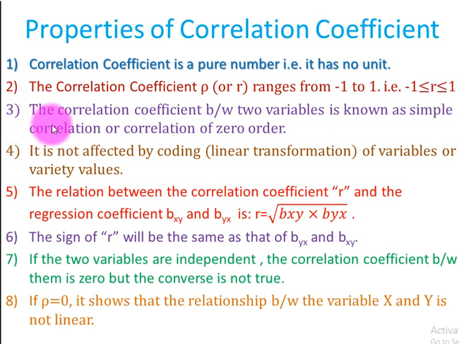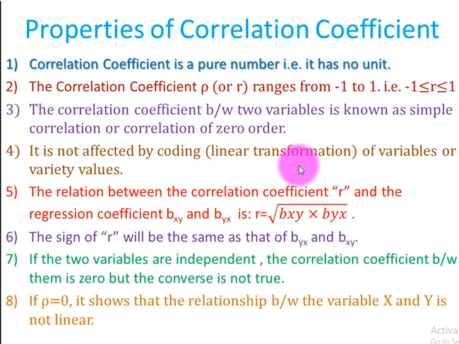The third property is the correlation coefficient between two variables is known as simple correlation or correlation of zero order. If we find the correlation coefficient between just two variables, it is known as simple correlation or correlation of zero order.